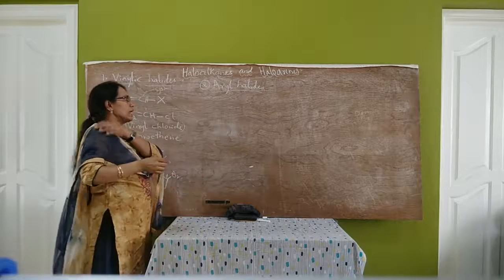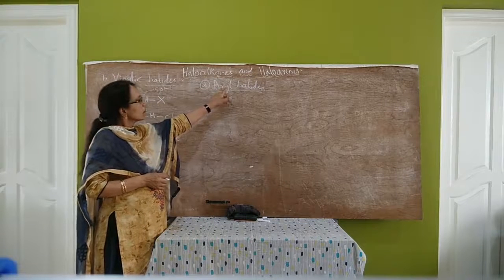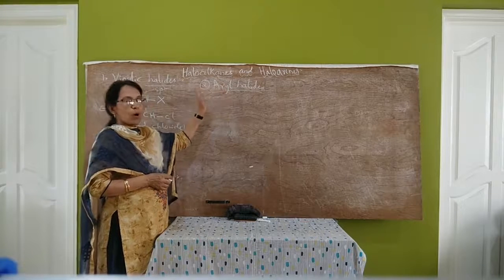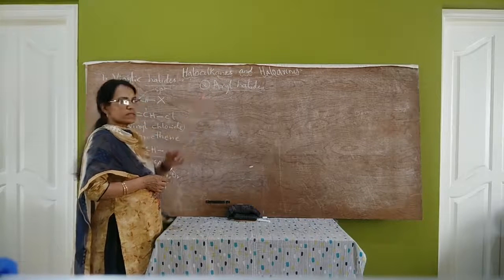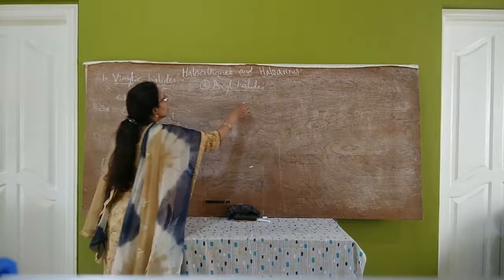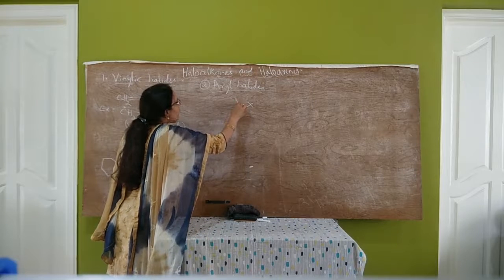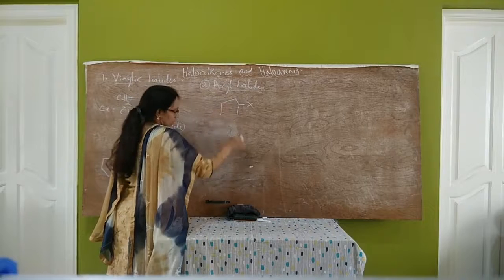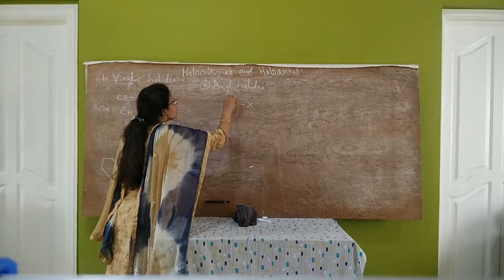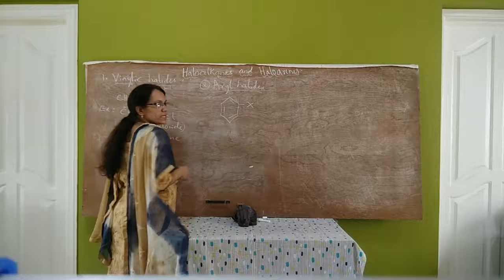Next one is aryl halide. What are aryl halides? Aryl means aromatic group, aromatic ring. So these are the compounds containing halogen on an sp2 hybridized carbon atom, that means the halogen atom is attached to an sp2 hybridized carbon atom of the aromatic ring itself. This is an aromatic ring, a benzene ring.